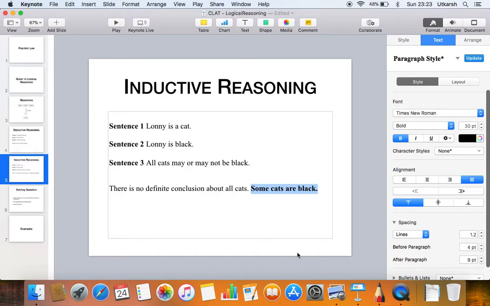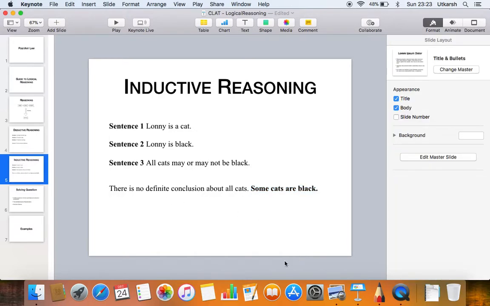This is something you can come up with based on inductive reasoning. Anything which requires you to come up with something definitive, like everything is this or no one is this, that is deductive reasoning. But wherever there is scope for probability, something like some people are these or he may or may not be these, that becomes inductive reasoning, right?